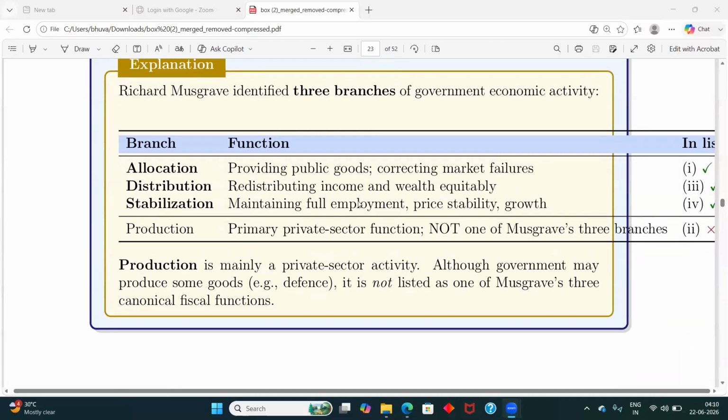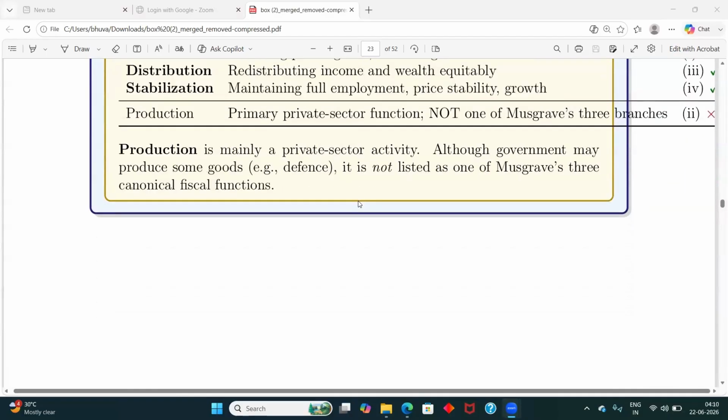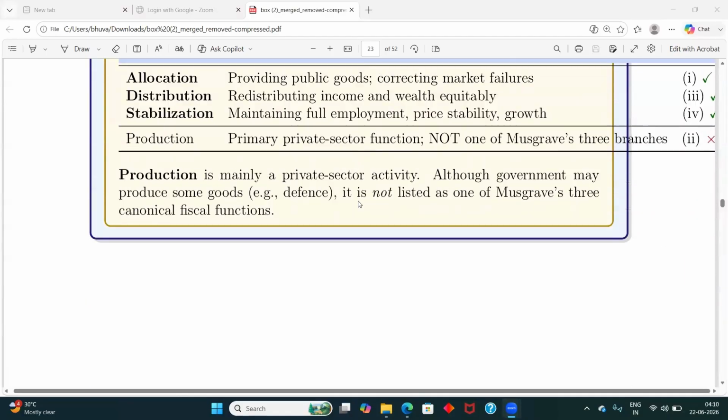Production is generally defined as a private sector activity. Although government may produce some goods, for example defense, law and order, it is not listed as one of Musgrave's three canonical fiscal functions. So the correct option is C.